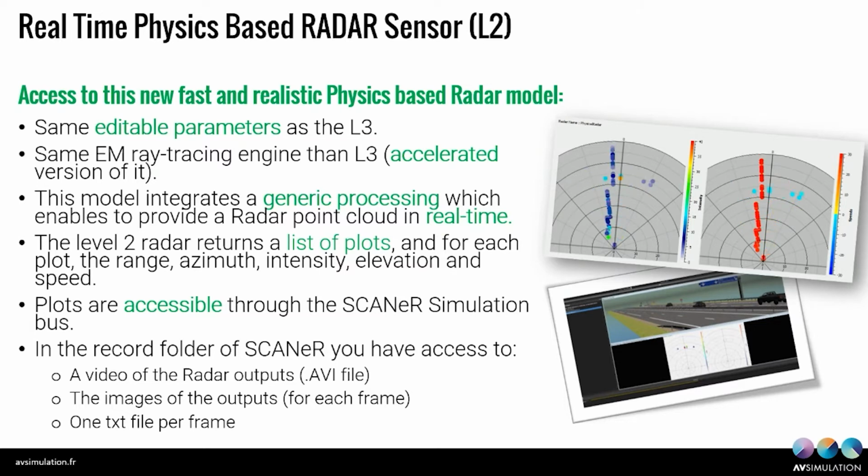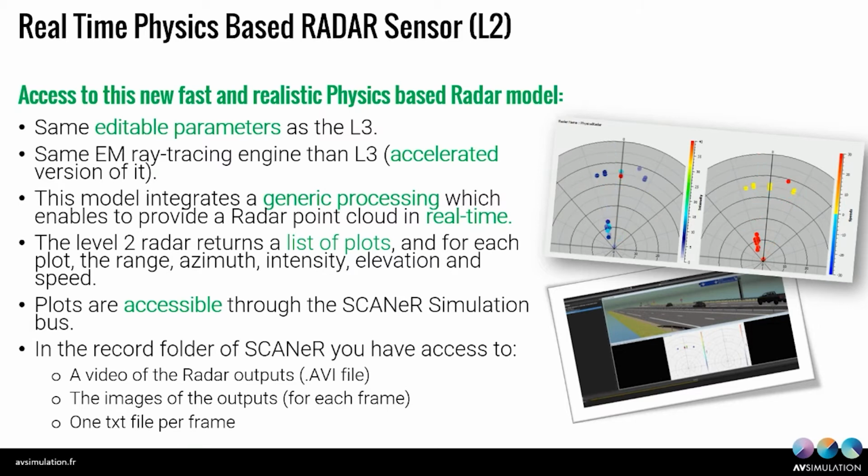One big difference is that we are using exactly the same electromagnetic ray tracing engine from Oktal SE, but an accelerated version of it. When I say accelerated, we optimize some calculations of this ray tracing. We simplify the geometry of the scene and some materials, but it's exactly the same engine as the level 3.